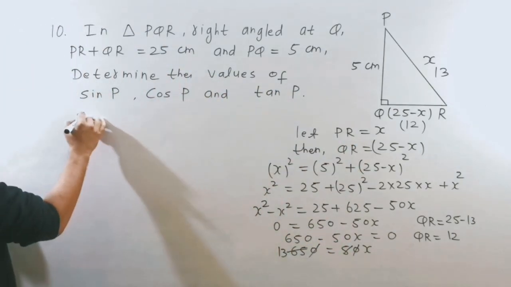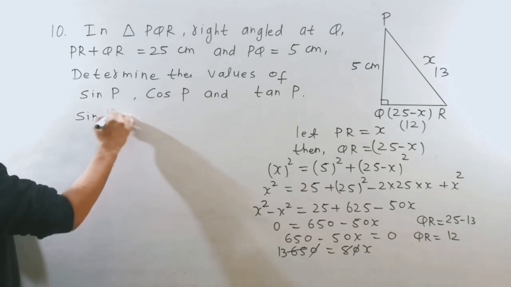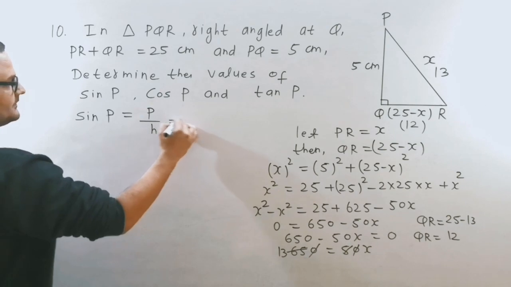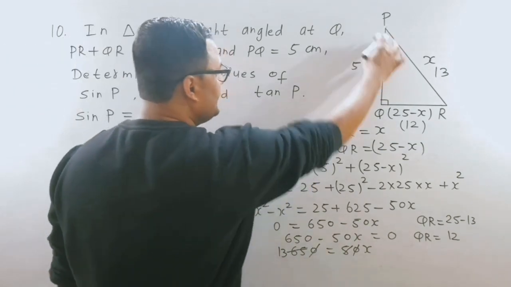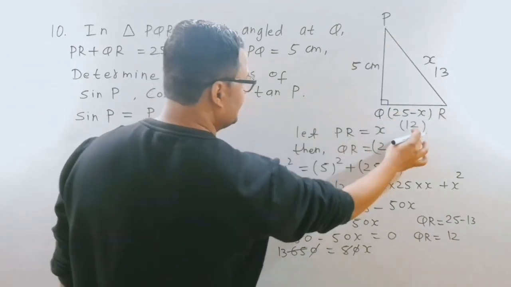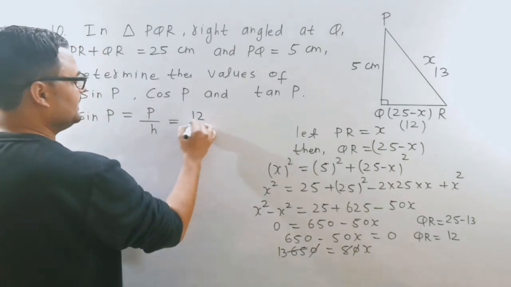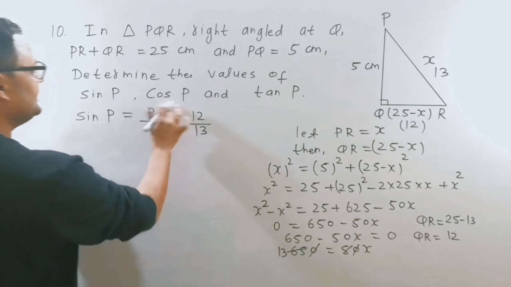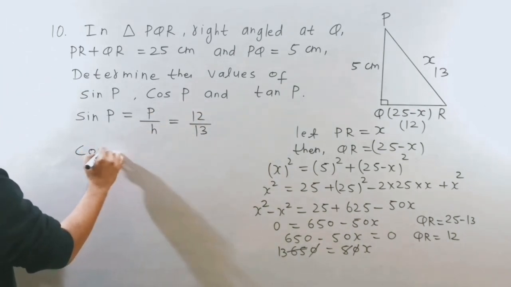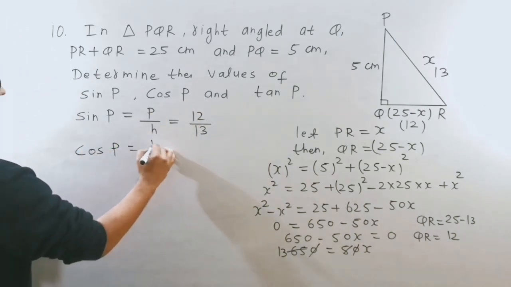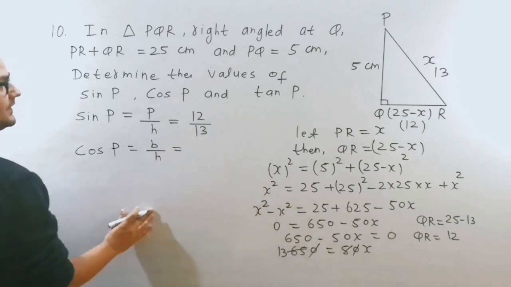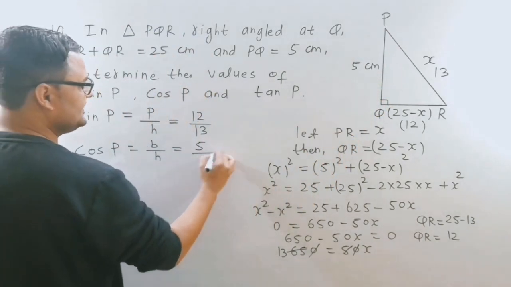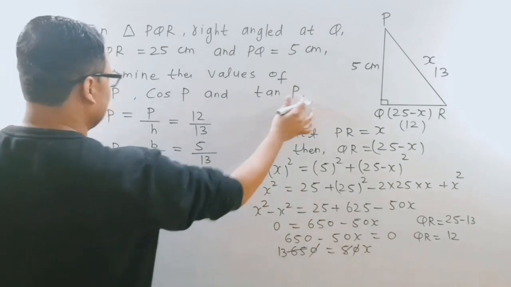First one, sin p. Sin p equal perpendicular by hypotenuse. Now for this angle p, the perpendicular is QR, that is 12, and the hypotenuse is 13. It means 12 by 13. Cos p, b by h. For angle p, the base is 5 and the hypotenuse is 13, that is not going to change. Then tan p.